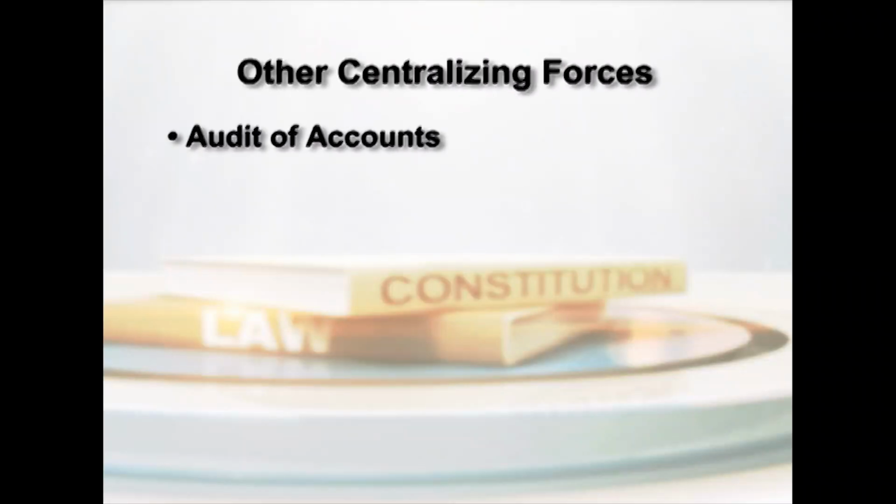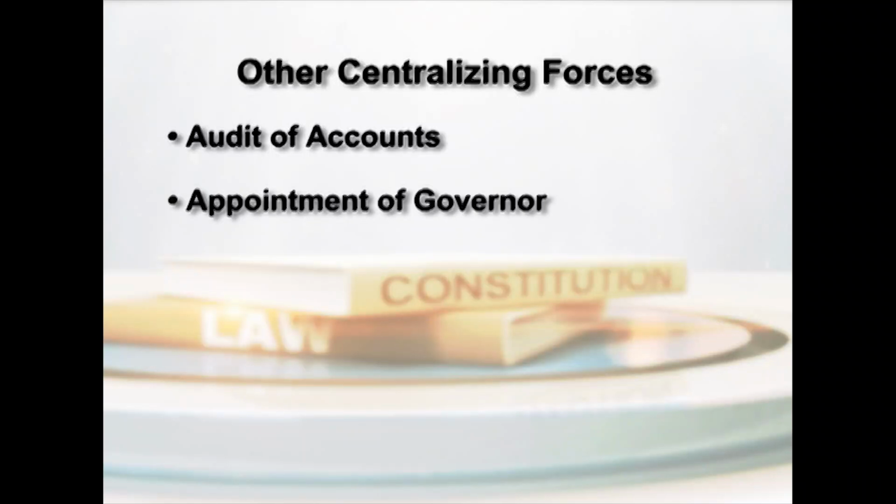There are certain other centralizing forces. Audit of the accounts of both the center and the states is carried on by the Comptroller and Auditor General. So the center has its dominance over state financial transactions. A governor is appointed in a state by the president. Again, the so-called non-political president. The governor acts as the agent.